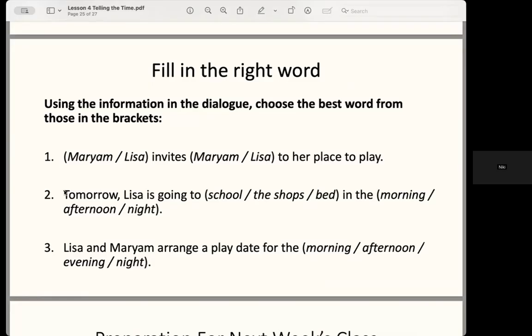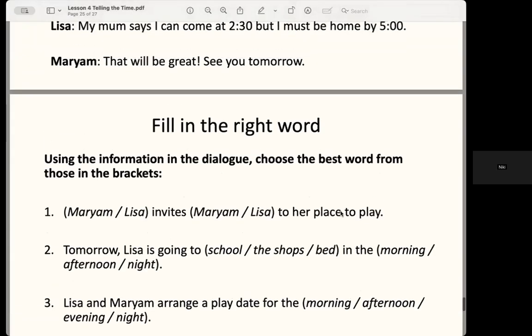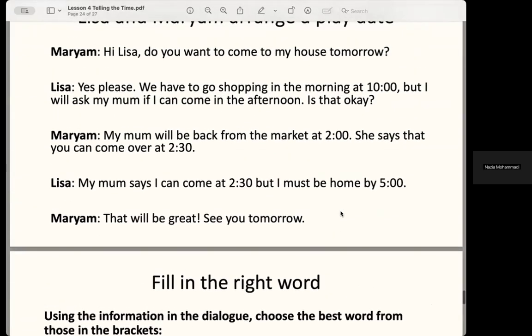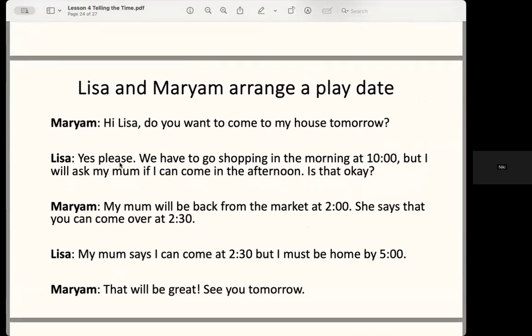Perfect. Okay. Nazia, can you do this one? Tomorrow, Lisa is going to... I don't know. Where was Lisa going? Let's go back and look. House. No, she was going... we have to go shopping.